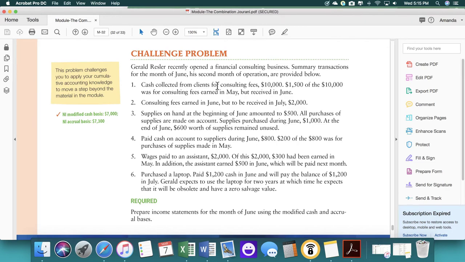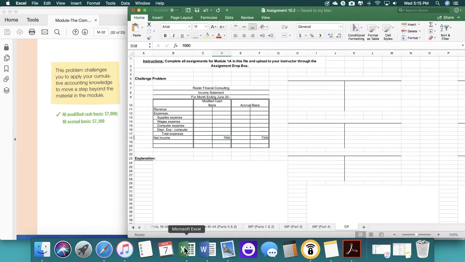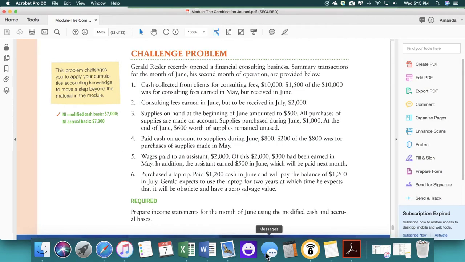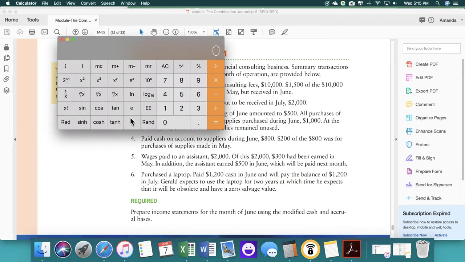So that tells us the two amounts that we actually need. So for modified cash basis, it's going to be $10,000 in revenue. For the accrual basis, there's a little bit of math involved. We have our $10,000 plus the $1,500 we got. And then we're going to subtract the $2,000.